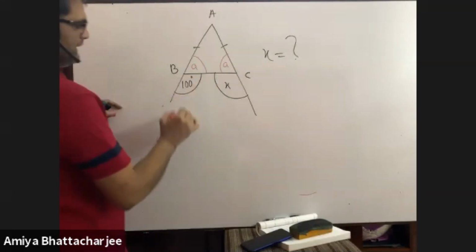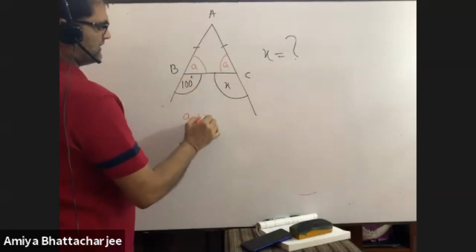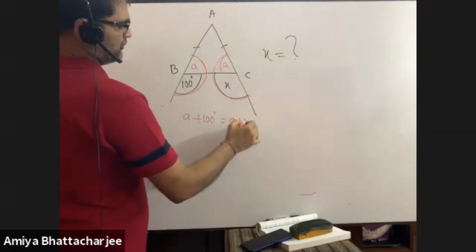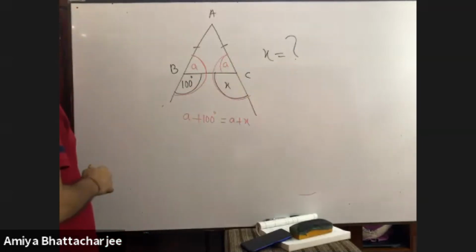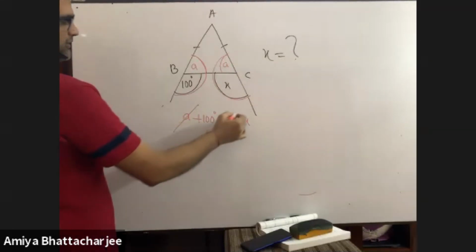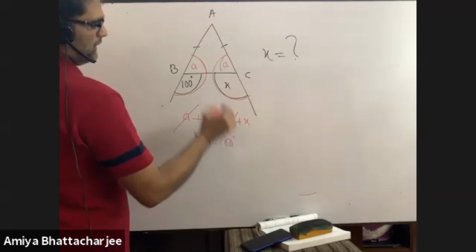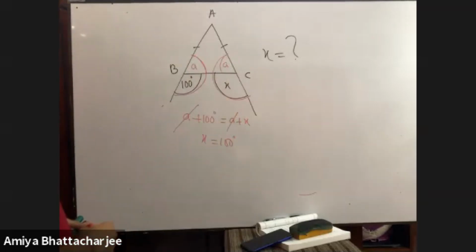That means A plus 100 degree equals what? It is also A plus X. You see, they are equal. So from both sides, A will be omitted. That is X equals 100 degree.